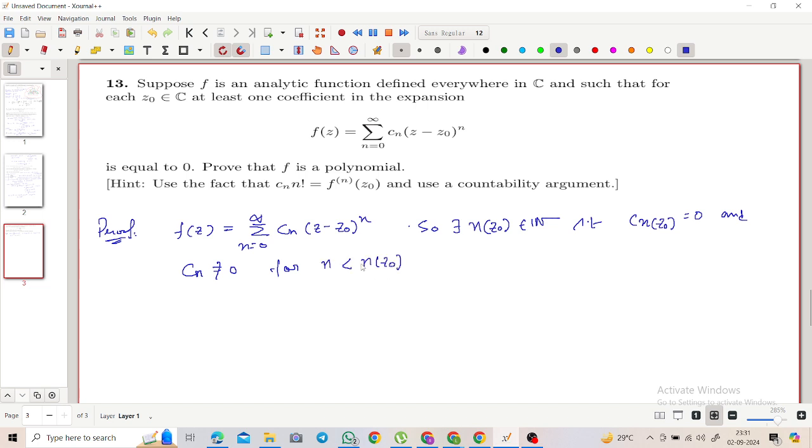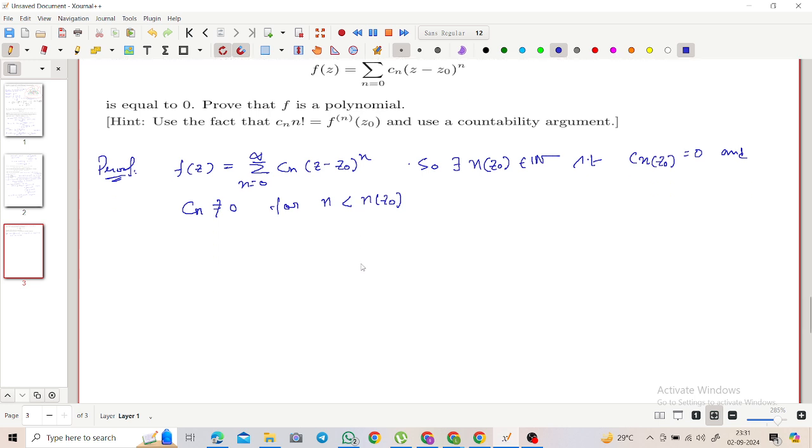This is the condition given: for each z naught there exists a natural number, call it n(z naught), such that that coefficient is 0, and no C_n with lesser index is 0.